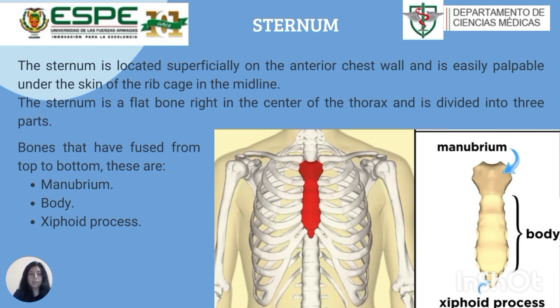The sternum is a flat bone ridge in the center of the thorax and is divided into three parts, bones that have fused from top to bottom. These are the manubrium, body, and xiphoid process.